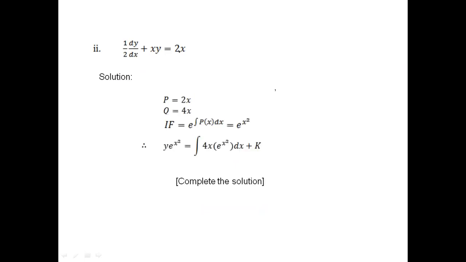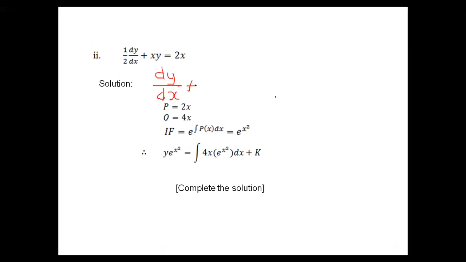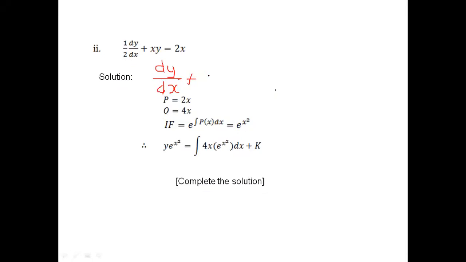Okay, then on the second example, we said first you multiply throughout by 2, and multiplying throughout by 2, it gave us an equation that looked like this: dy over dx plus 2xy equal to 4x.